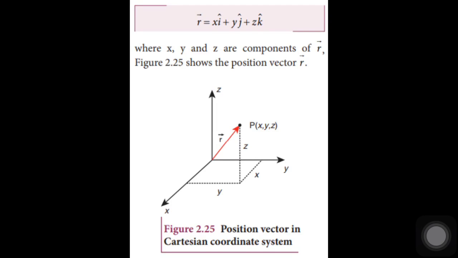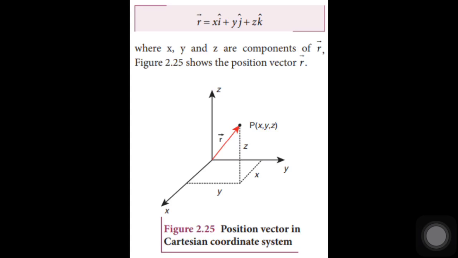Normally, we use the origin or starting point as the point of intersection of the rectangular coordinate axes. That means we are using the rectangular coordinate system normally. In that there will be x, y and z axes.